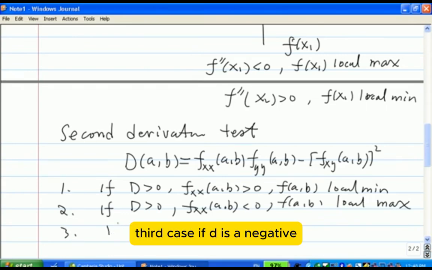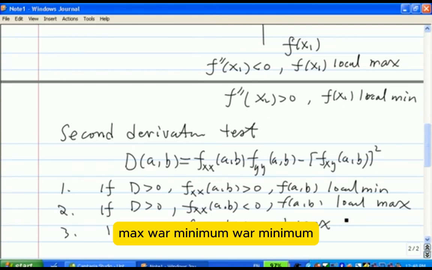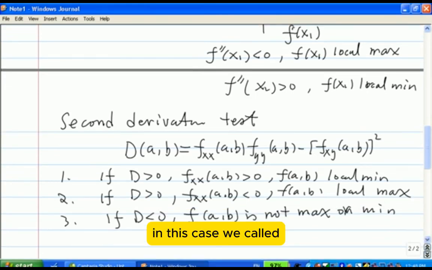Third case, if D is negative, then f(a,b) is not a max or minimum. In this case, we call f(a,b) a saddle point.